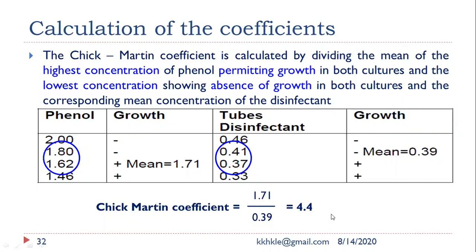Here you can see the concentrations we have used. For the phenol, we have used 2%, 1.8, 1.62, and 1.46. For the test disinfectant, we are using 0.46, 0.41, 0.37, and 0.33 percent. Now we add the organism to this reaction mixture, the different dilutions, and once it is added, it is maintained at 30 degrees centigrade.